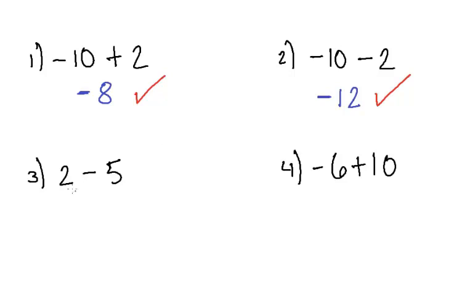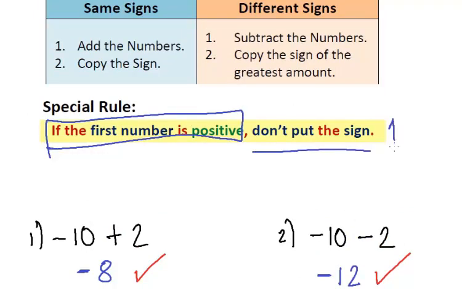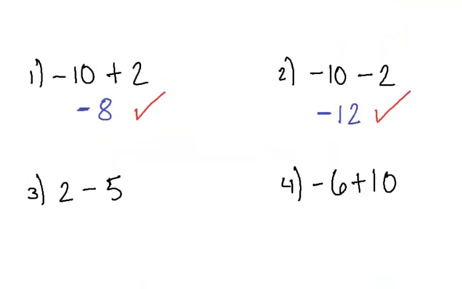Now, 2 minus 5, same idea. Remember the special rule. If the first number is positive, we don't put the sign plus. Because the 2 doesn't have a minus, I know the sign of this one is plus. But because it's the first number, it's not there.